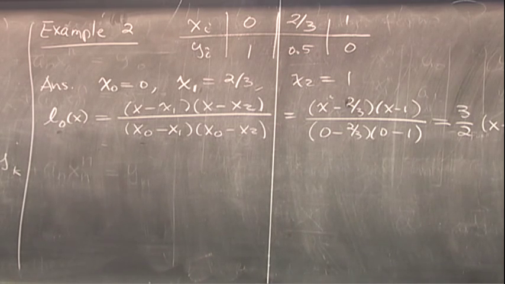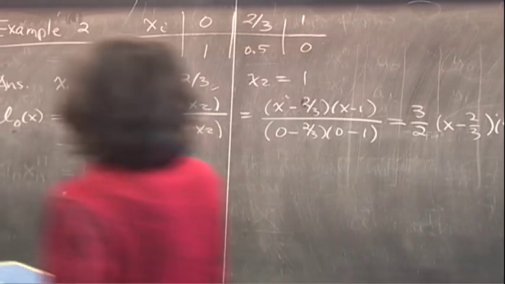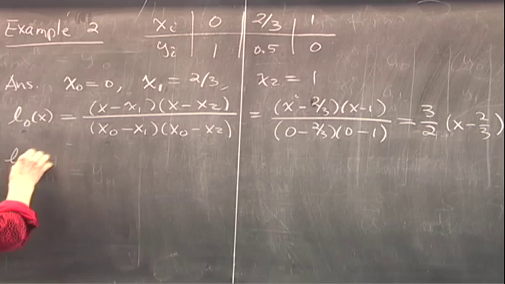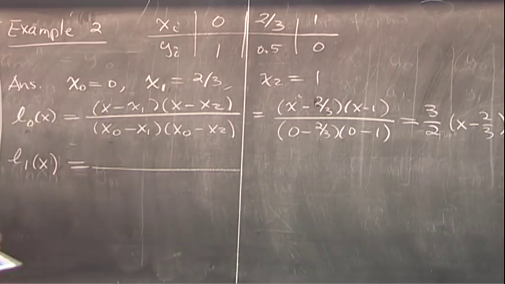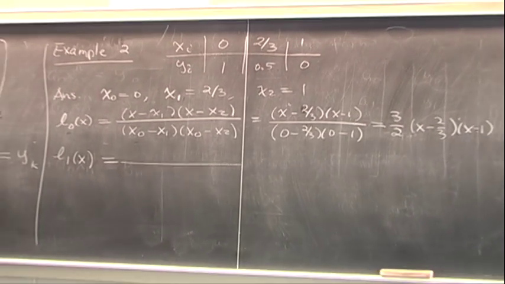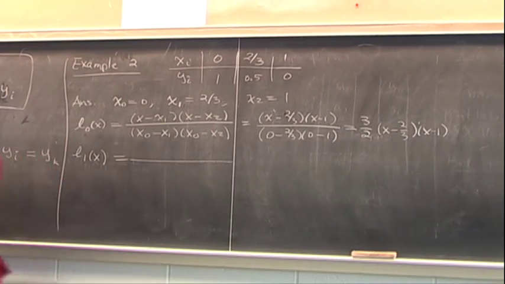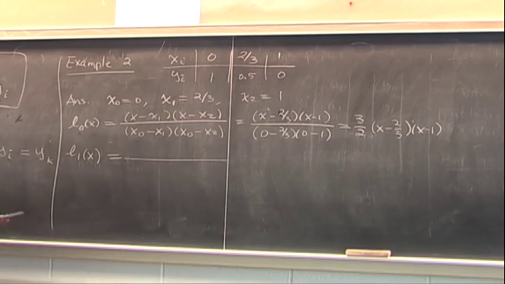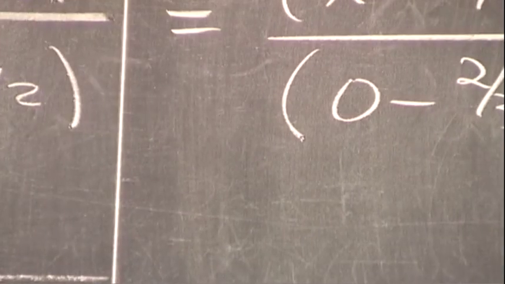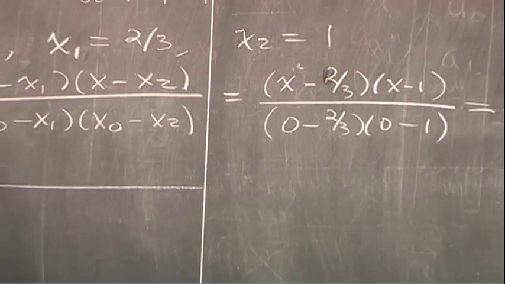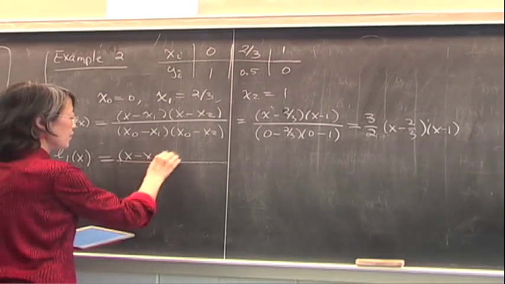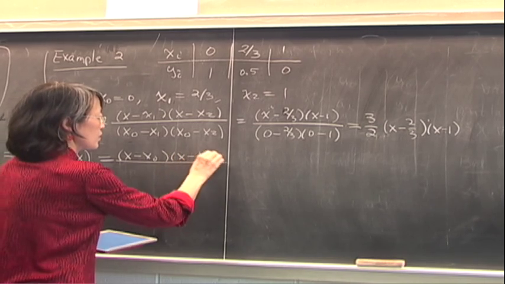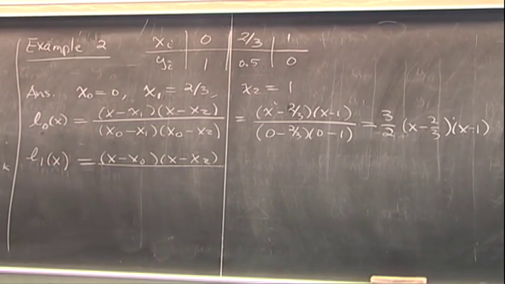Would you be able to do L1 and L2? Would that be okay? L1. So what should I put in? Should I take the term x minus x0? Yes. I will skip the term with x1, right? This term will not be here, but the x0 will be here. So it's x minus x0, x minus x2. I skip the x1, right?